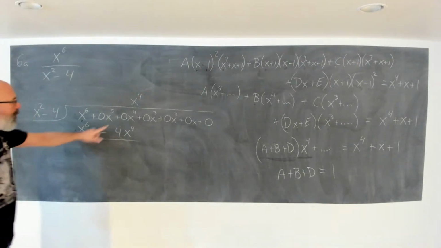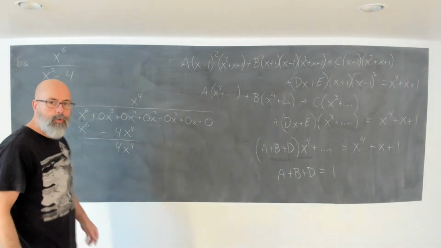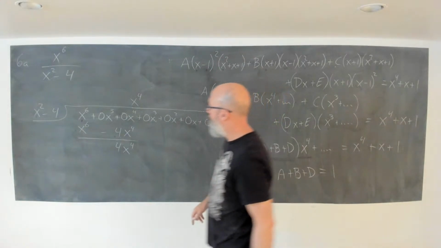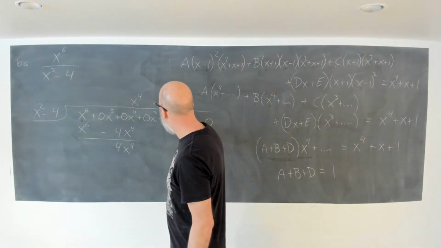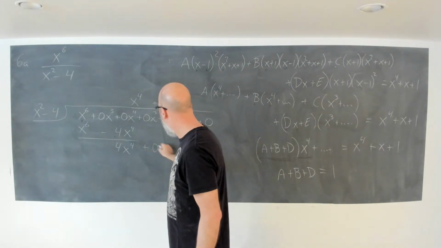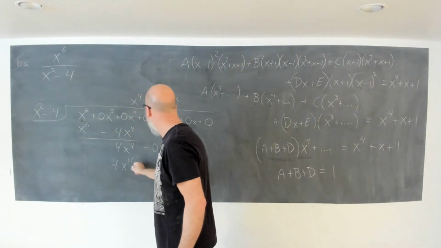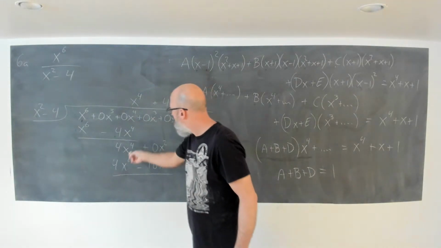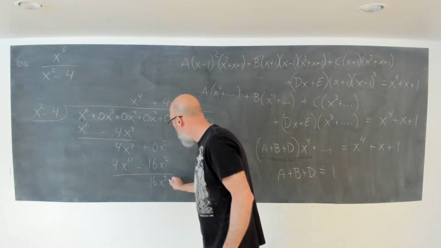This minus this is 0. This minus that is 4x to the 4. And we repeat: what must we multiply to x squared to get a 4x to the 4? And the answer is 4x squared. So that is 4x to the 4 minus 16x squared. This minus this is 0. This minus that, 16x squared.